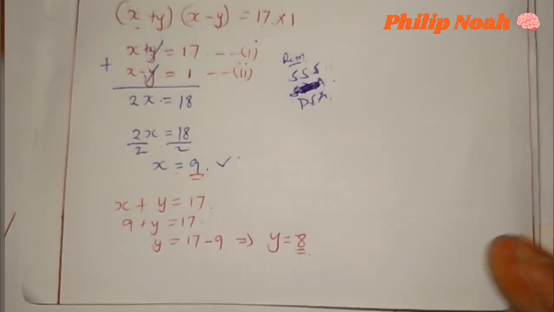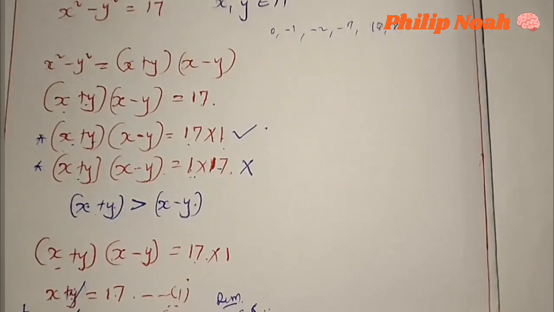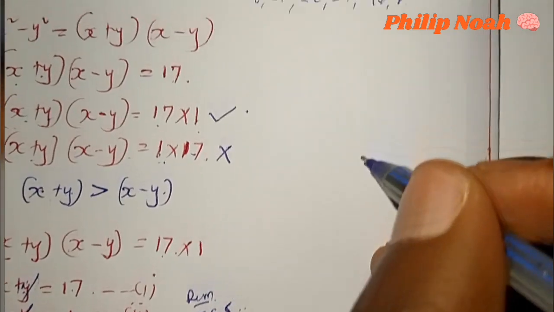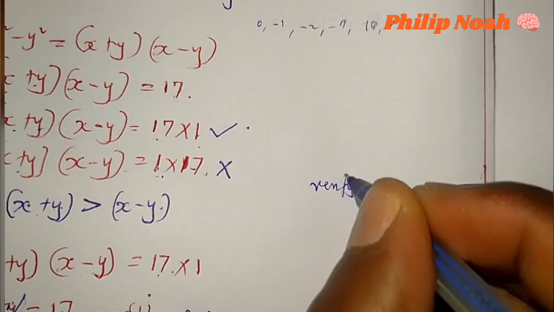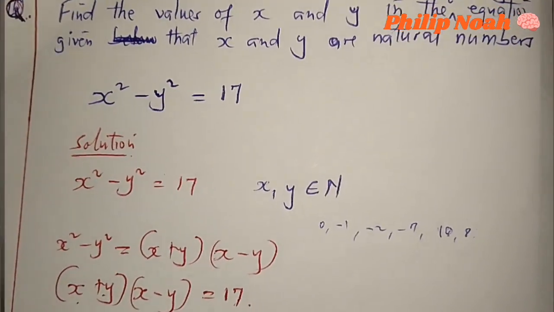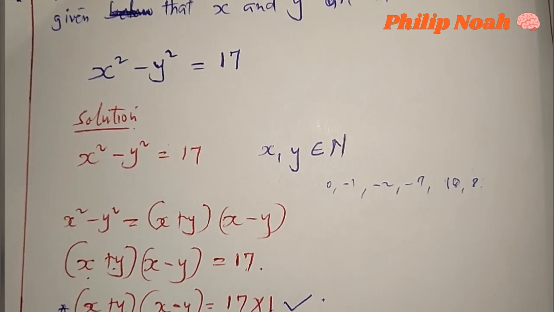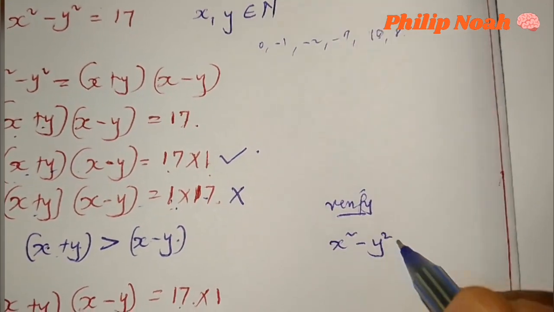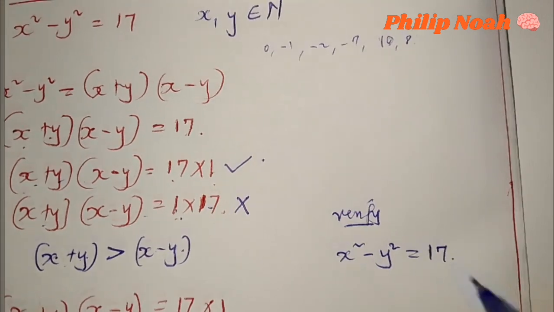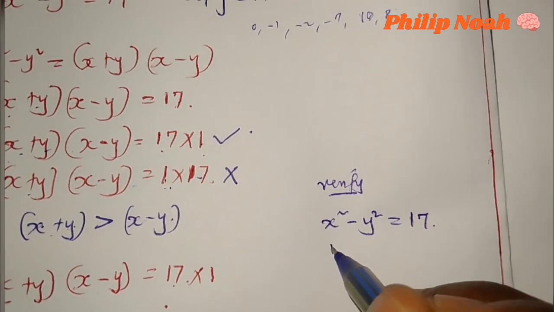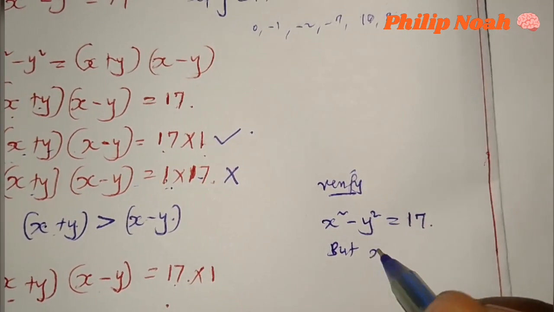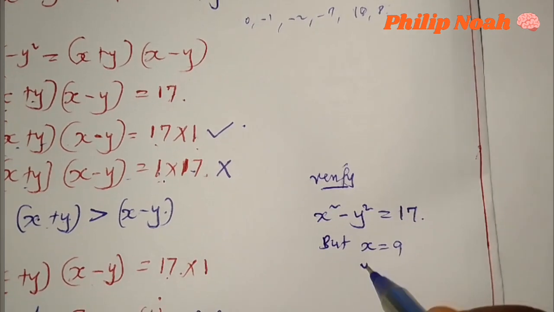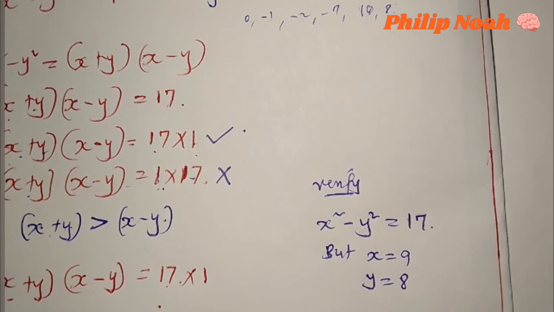We can try and verify and see. Let's verify. Our equation was x squared minus y squared is equal to 17. But x is equal to 9, y is equal to 8.